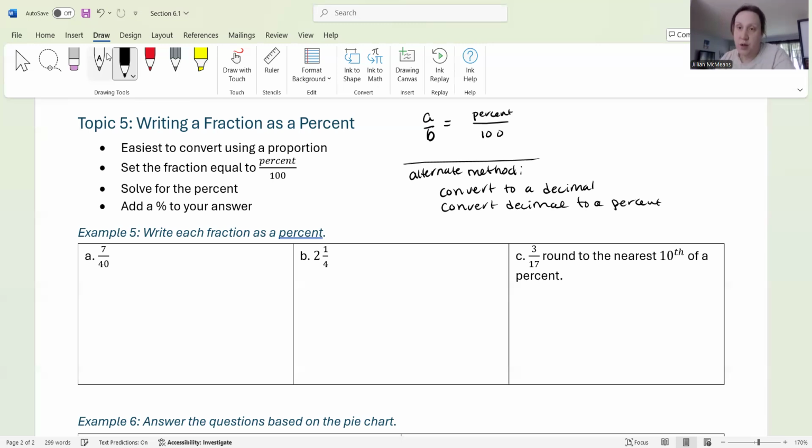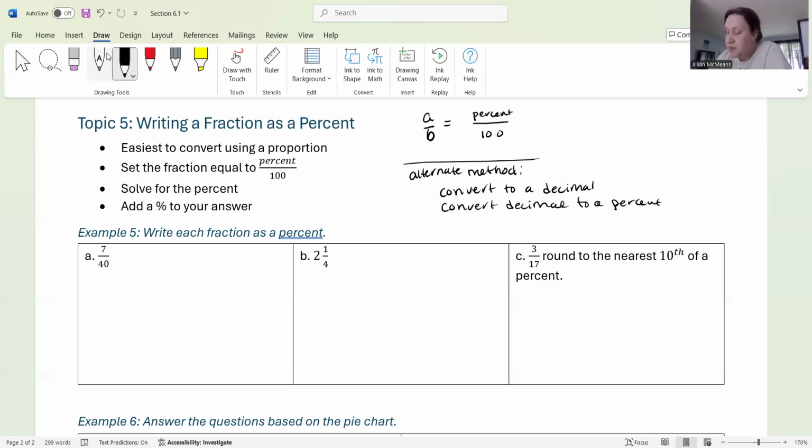And that's an easier method in some cases, especially if you have a calculator. This alternate method is really easy, but sometimes if you get weird numbers, it can be a little bit harder to work with. It just depends on the person and on the fraction that you're starting with. I don't ultimately care which method you choose to use. Just make sure you can back up whichever method using some work, like show your steps, okay?